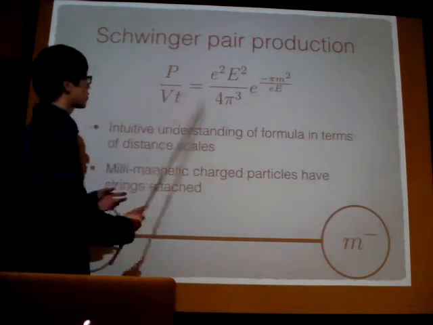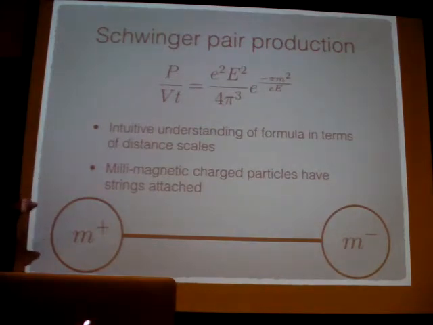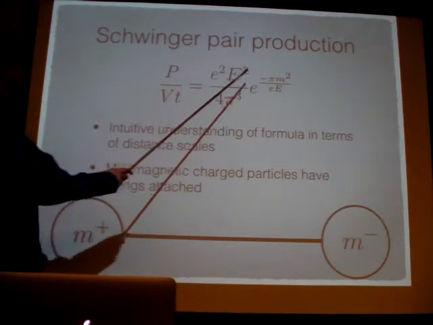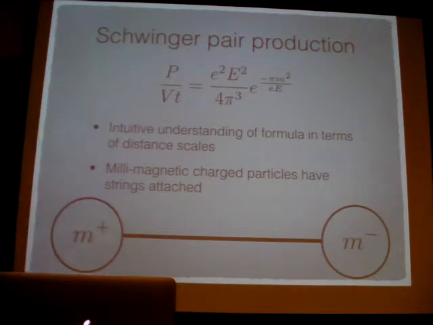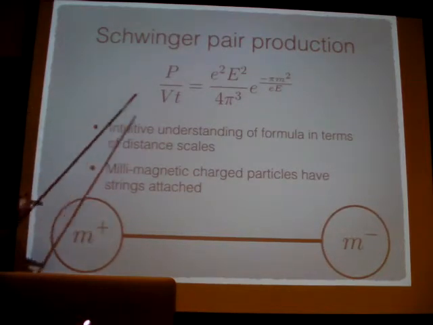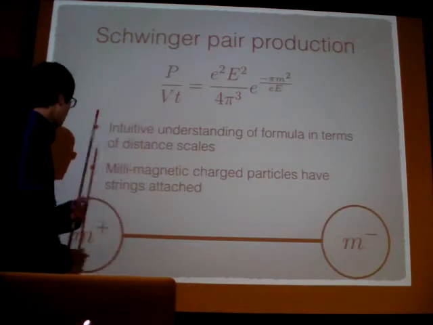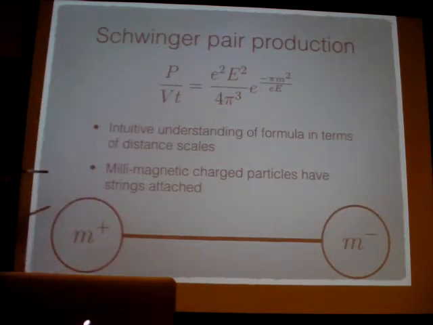So this is exactly the physical understanding of why this is suppressed by m squared over the electric field. And then E squared here is determined just by dimensional analysis. You don't get the 4 pi cubed, but oh well. Can't get everything.